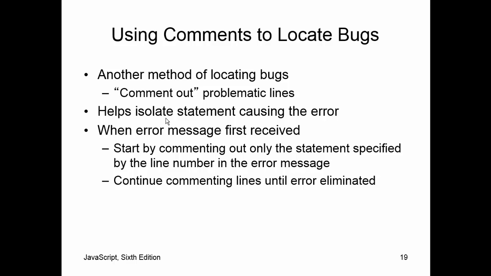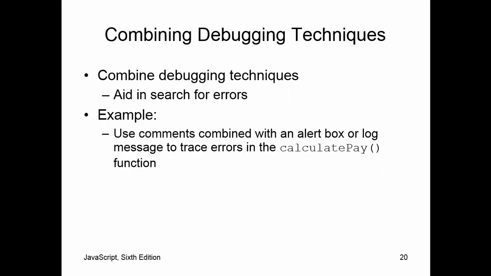As it says, that helps isolate whatever statement is causing your error. So when you comment out, don't comment out tons of lines of code at a time. Comment out a line or maybe 2 lines at a time. All right, you're much better off doing that. You can combine these techniques. So you can have alerts with logging, etc.